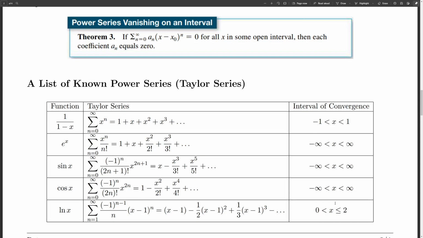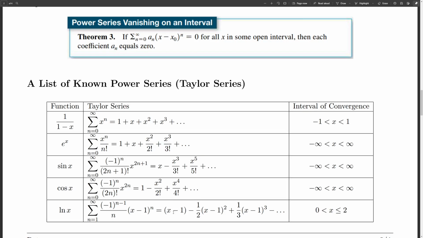And what you should notice is that all of the previous ones have power series centered at 0. We can think of x squared, for instance, as x minus 0 squared, x minus 0 cubed, etc. And similar here. But the natural log is centered at 1.